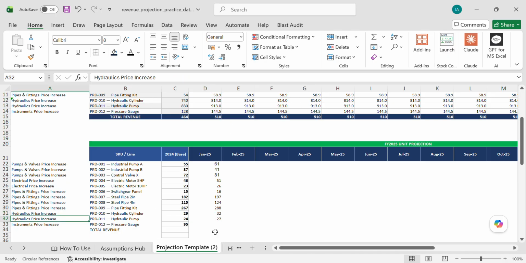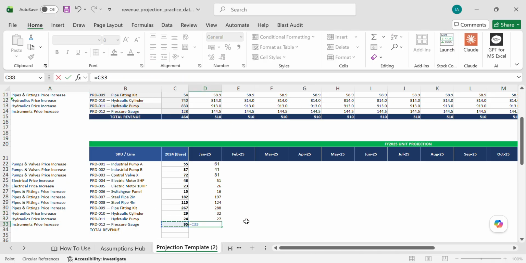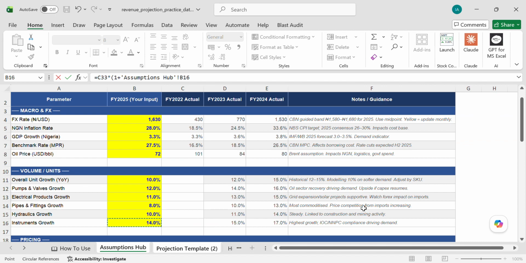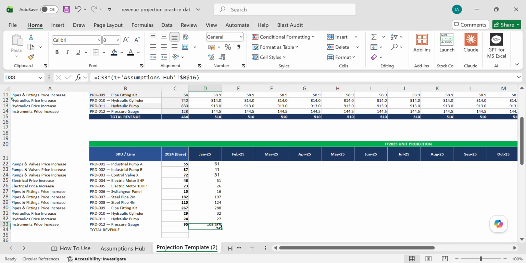The instrument. Instrument is this. Good. So this is our quantity month to month.